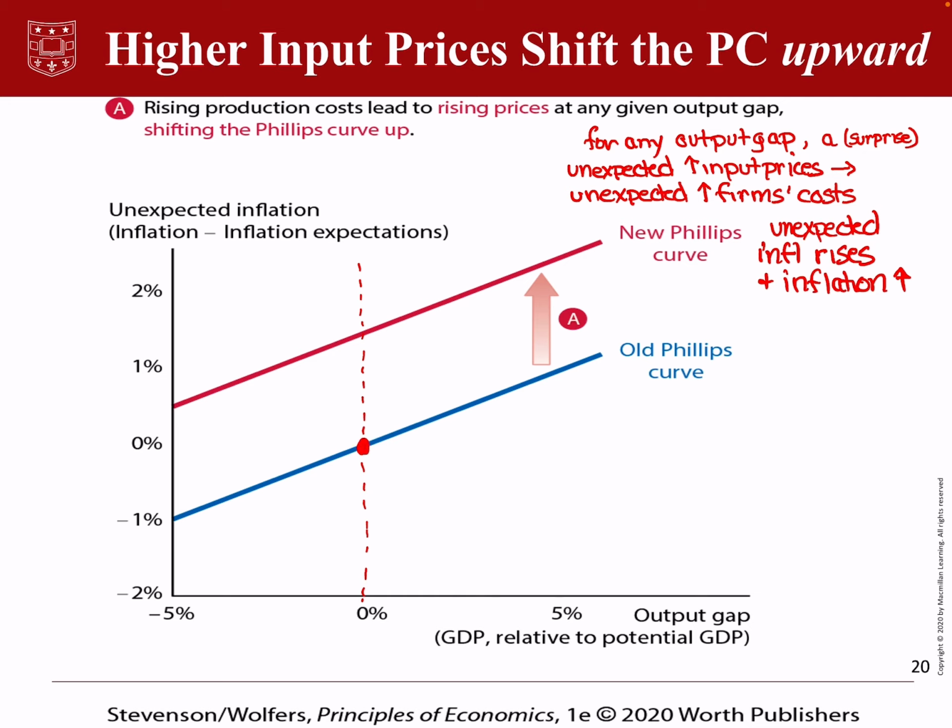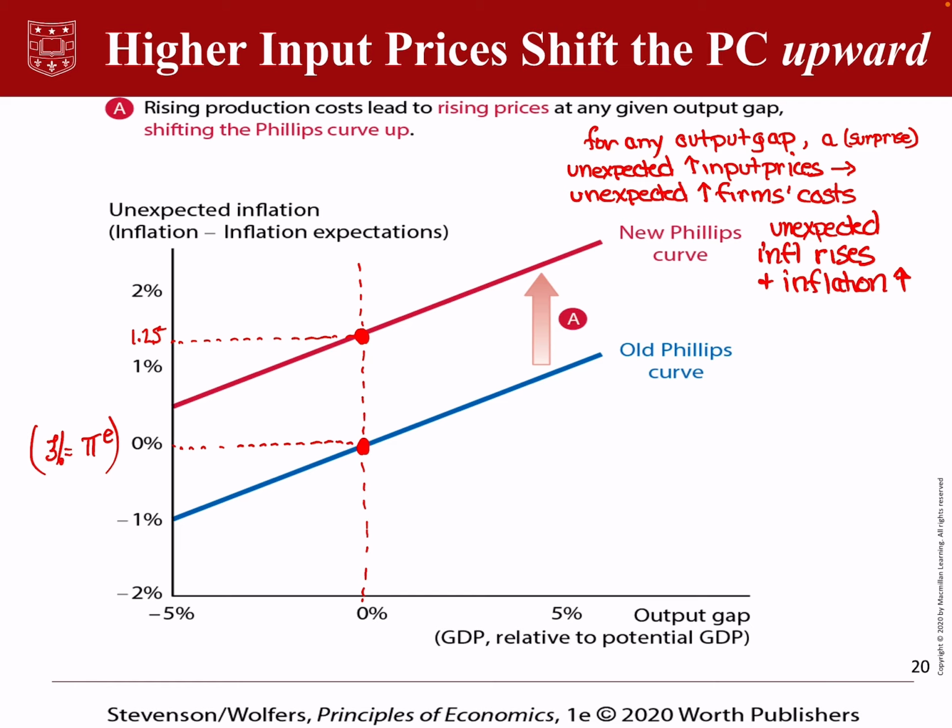Suppose it's the case that some critical input price goes up, then what does that mean? If initially we had, say, expected inflation, as we said, of 3%, then what we're talking about is it becomes more expensive for firms to be producing because of higher input prices, then unexpected inflation would be higher. So maybe this is 1.25.